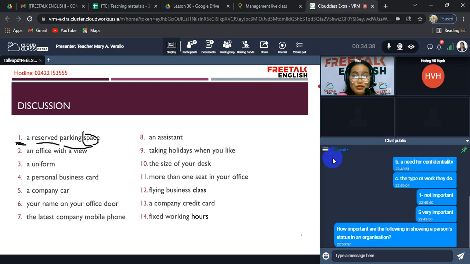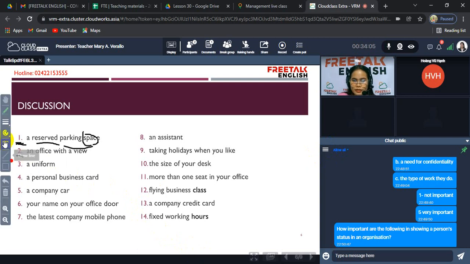Okay, for me it's unfair to other people, right? To those who weren't reserved. And aside from that, sometimes it's a waste of money when the managers go on business to clients or partners' places, the company will still pay for that. Okay? Oh yeah. Yes. Okay. Very good.